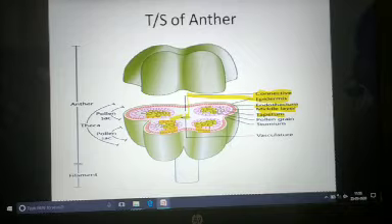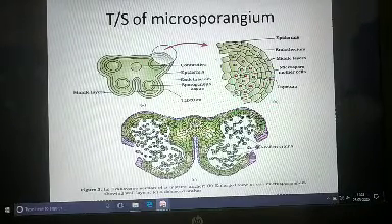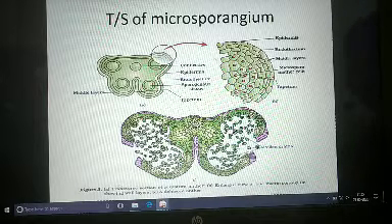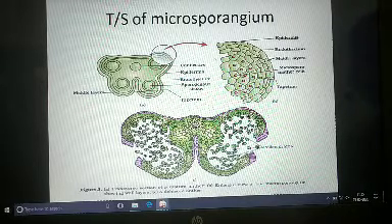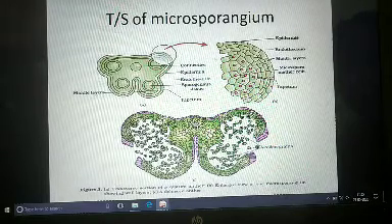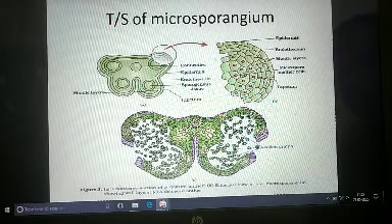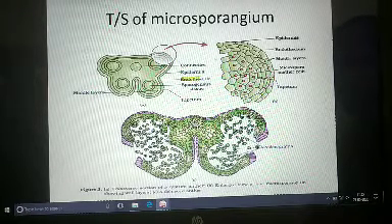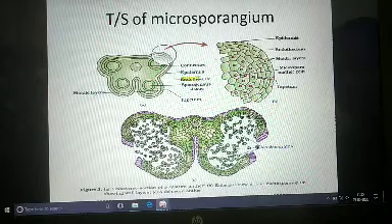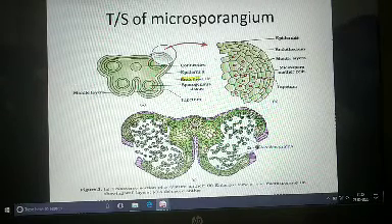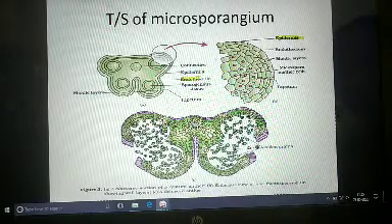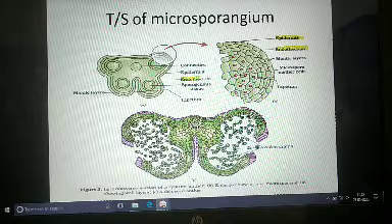Now let us study a microscopic view of the anther. This is the same anther when a thin section is taken and observed under the microscope. This is the enlarged view of the anther. Now let us see what are the parts which we have to study. This part is now zoomed and you can see the wall layers. Again, the outermost layer is epidermis, the next layer is endothelium.